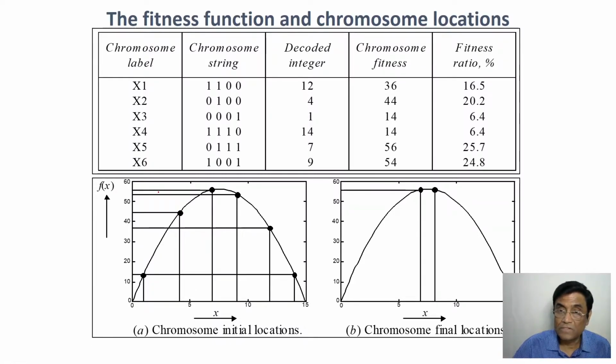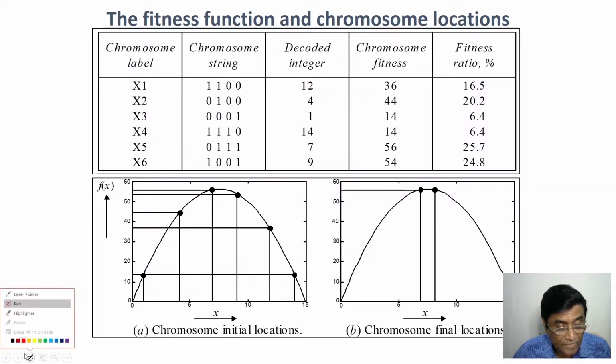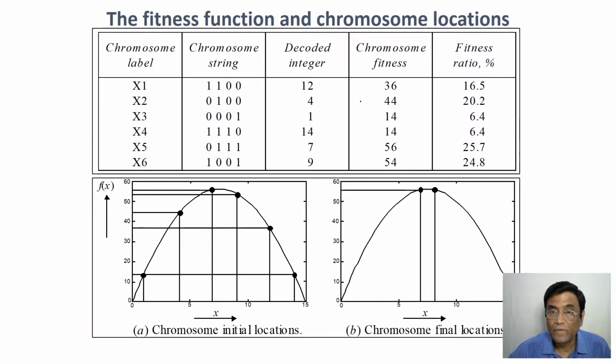The average fitness value of chromosomes, say X bar. How to calculate it? This plus this plus this plus this plus this plus this, divided by 6. So whatever you get, you keep it.